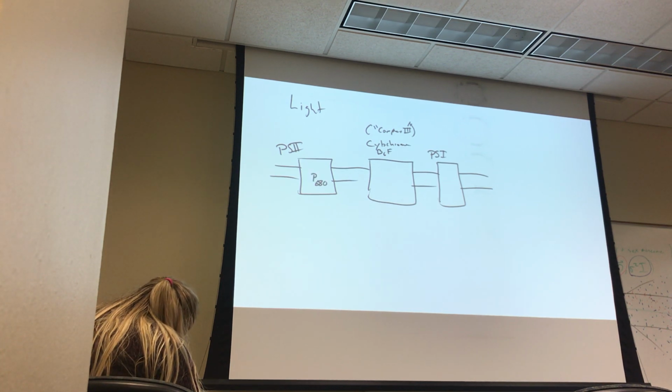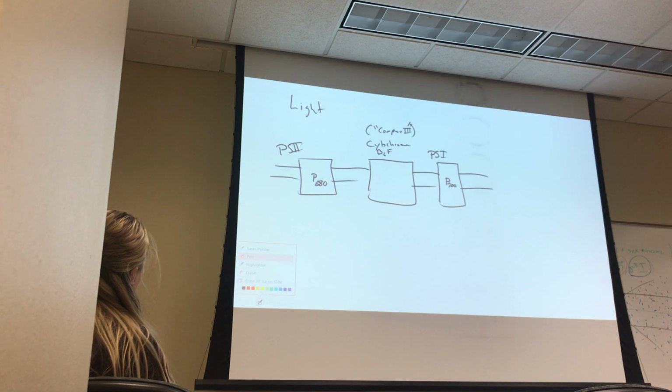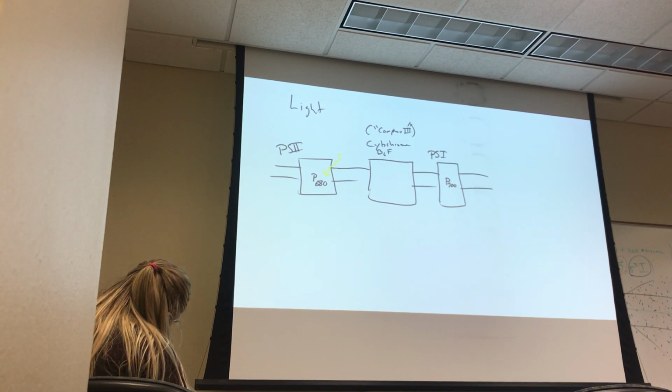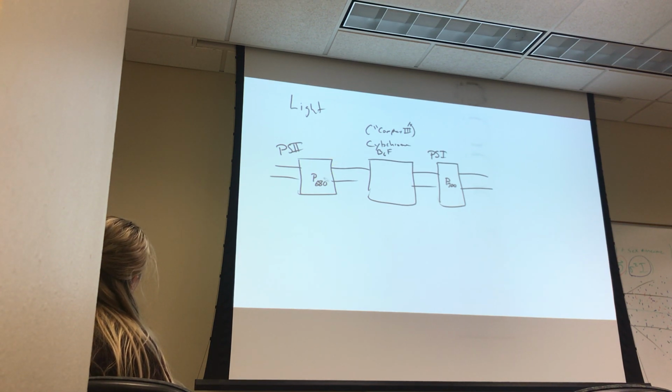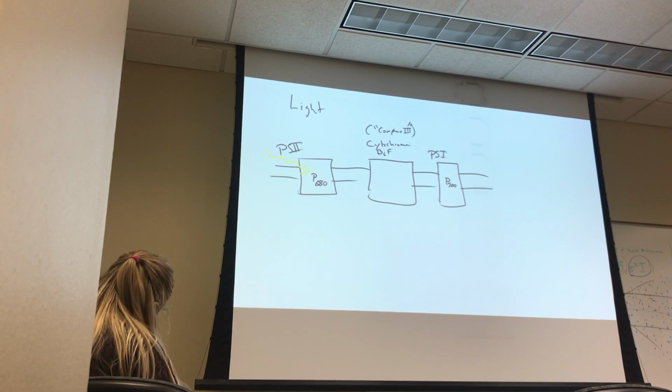We have the P680 here, and we have the P700 here. And remember, this is what brings in the light. So that's where we get the light, right? So let me just draw them from here. Here's our light coming in.